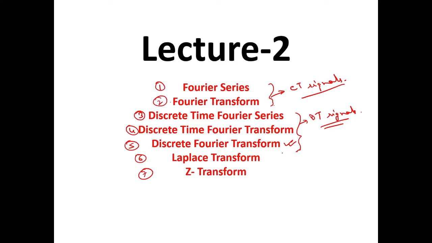Why? The reason being, whatever analog to digital converters or digital processors there are, they are capable of handling minus 5 to 5 volts, or minus 10 to 10 volts, or even if you get a very good one, you may go for minus 20 volts to plus 20 volts. So that is the limit.